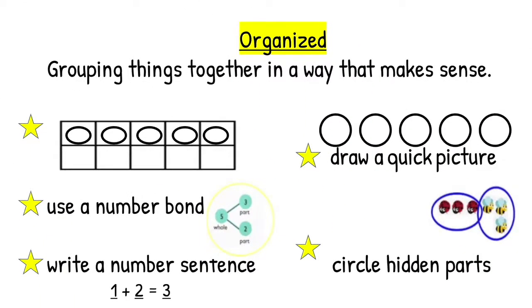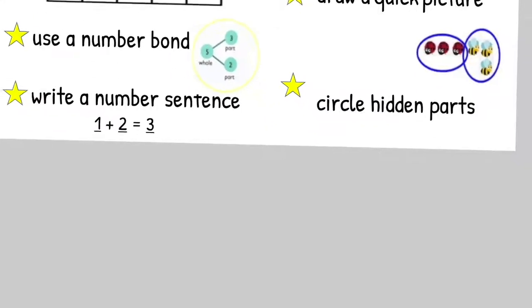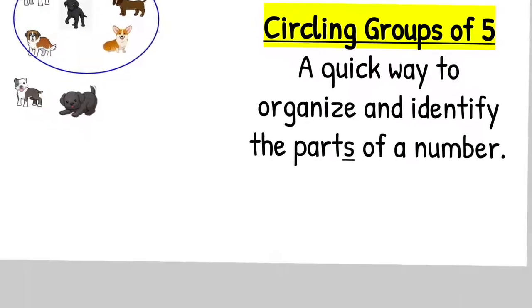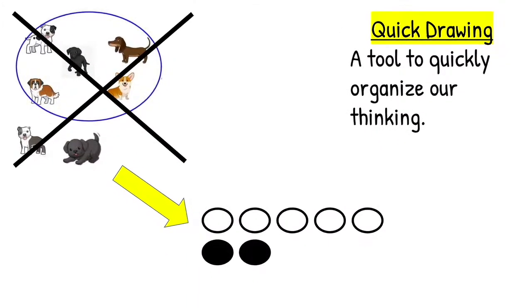Here are some examples of how we stay organized. Okay, circling groups of 5 is one of the newer ways that we have talked about staying organized. Okay, quick pictures, quick drawings, very important as a tool to organize our thinking and also use our time wisely.